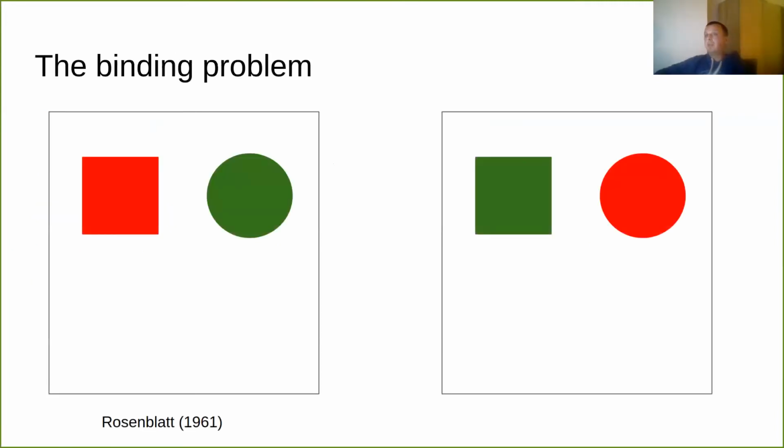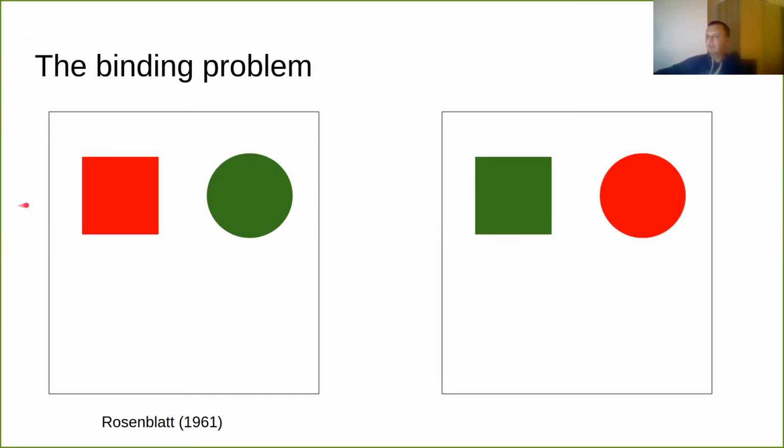So the binding problem, as I said, is one of the most fundamental problems in cognitive science in general. It's an old problem. To put it simply, the binding problem is about how we group together pieces of information that represent the same thing. For example, let's say we have four features activated at a given moment: two features encoding colors, red and green, and two features encoding shapes, a square and a circle.